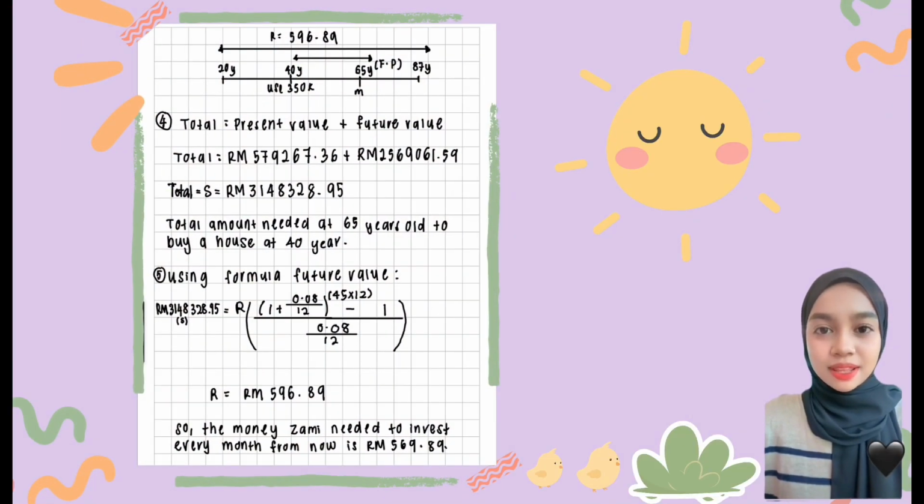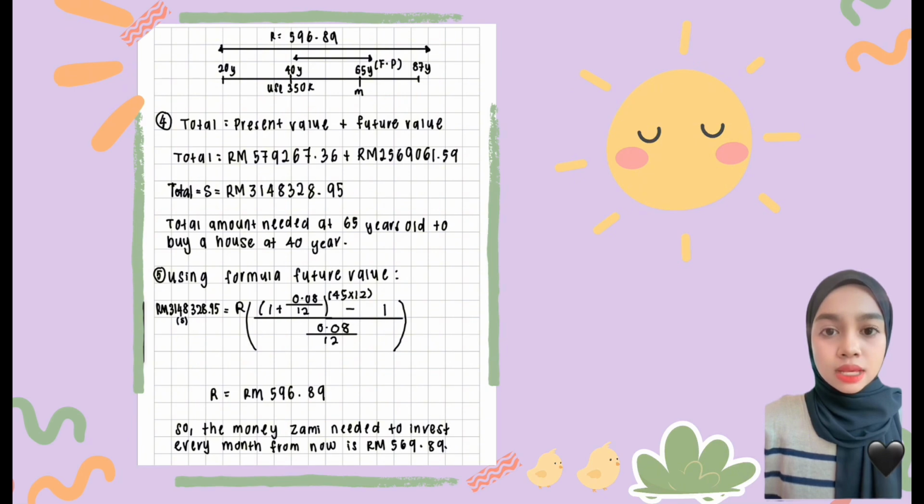Hi, my name is Thanyou Everyone binti Ismaili. I will explain about the next calculation. Next we need to find the total of present value plus future value. As we know, the present value is RM579267.36 plus the future value is 2569061.59.